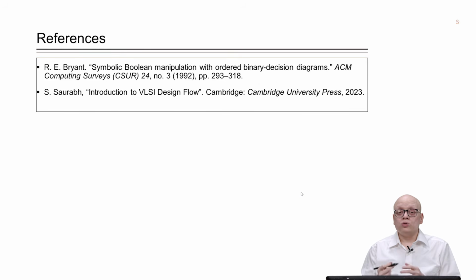If you want to look further into the topics that we discussed in this lecture, you can refer to these materials. Now, let us summarize what we have done in this lecture. We looked into formal verification and how it differs from simulation-based techniques, and we also looked into two techniques that made formal verification popular for the VLSI design flow.